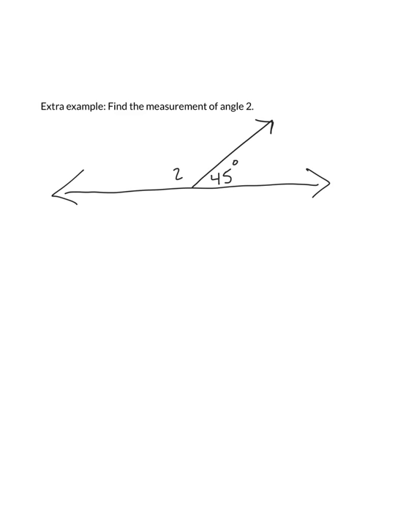It just simply says find the measurement of angle 2. So here's angle 2. Notice 2 does not have a degree symbol beside it, so it is a label. Whereas the angle they gave to us is 45 degrees. This does have a degree symbol beside it, so 45 degrees is an actual angle measurement, whereas just the 2 is a label.